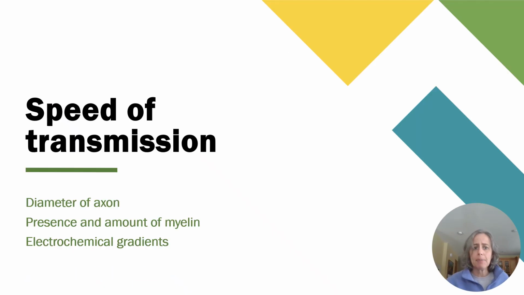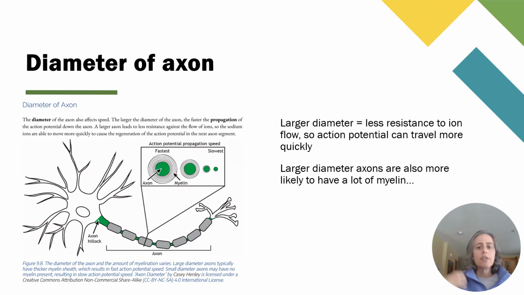So let's get into speed of transmission now. So it's going to depend on 3 things: the diameter of the axon, the presence and amount of myelin, and electrochemical gradients. So diameter of an axon. This again is a diagram from the Hedges textbook that I really liked. So larger diameter axons have less resistance to ion flow.